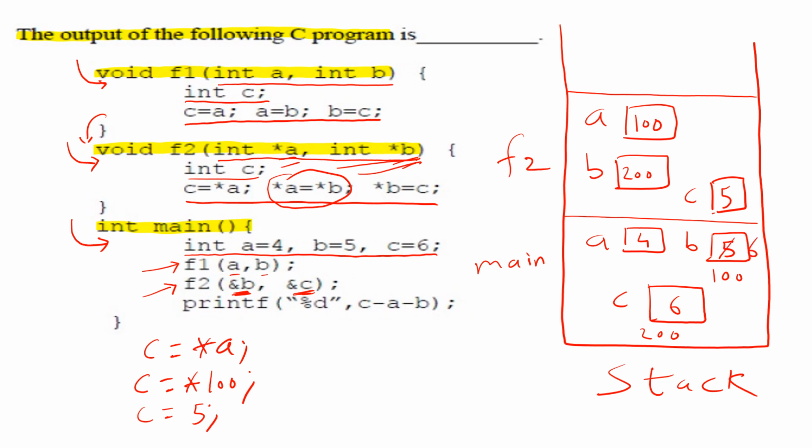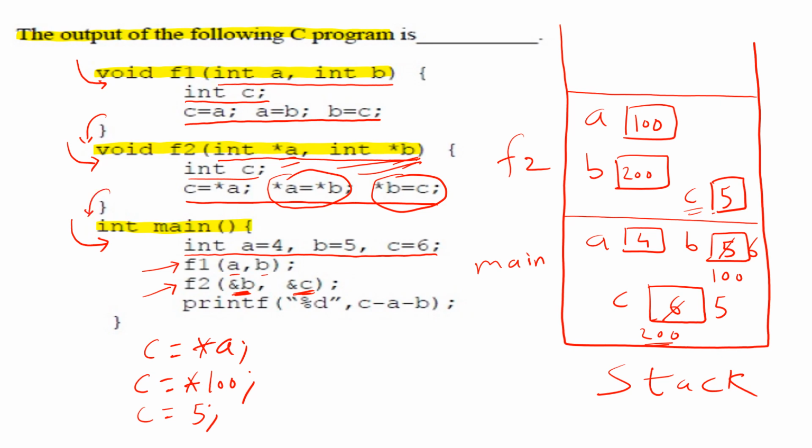So this value of C is copied into value of B through this pointer. And finally we have star B assigns C. So star B means value at address contained in B, 200, should be value of C. Value of C is 5 over here, as you can see in F2. So this 5 is copied into star B, means value at address 200 should be 5.